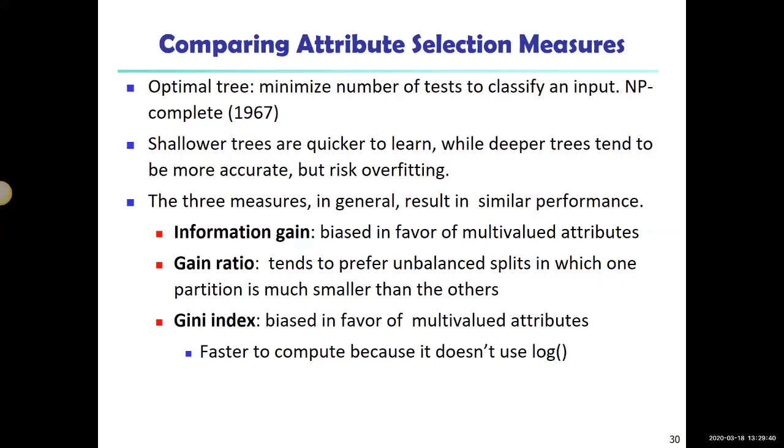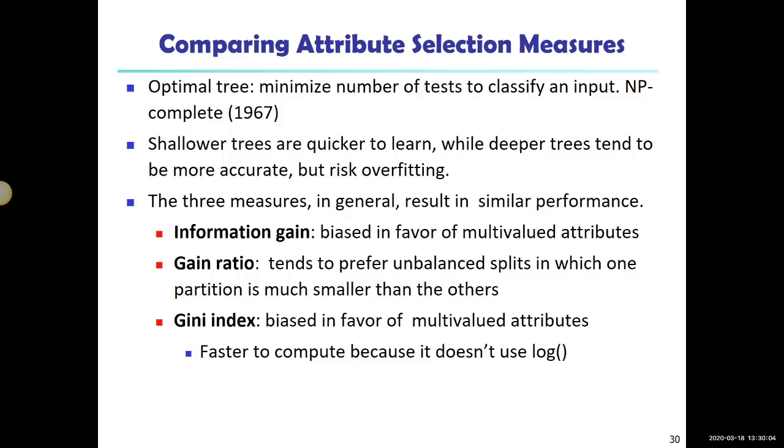Since the optimal tree cannot be found in polynomial time, all the decision trees made so far use a greedy search method to grow the tree. There's no backtracking. We make a decision, move on, make a decision, move on to grow the tree.